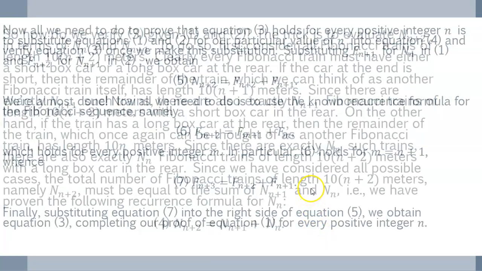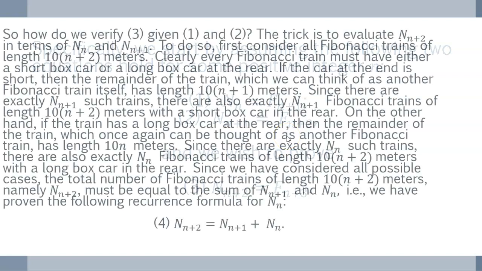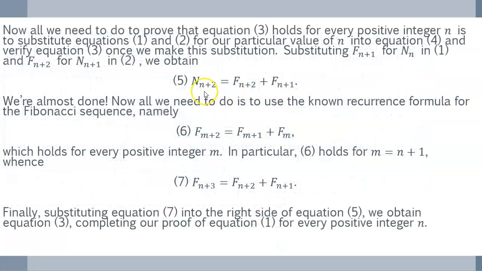Now remember that our assumptions of the induction hypothesis were that capital N sub n was F sub n plus 1 and capital N sub n plus 1 was F sub n plus 2. We just plug those formulas into equation 4, which we proved, and that gives us this formula.